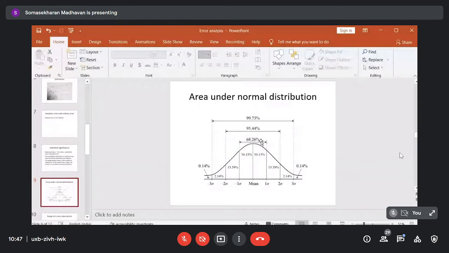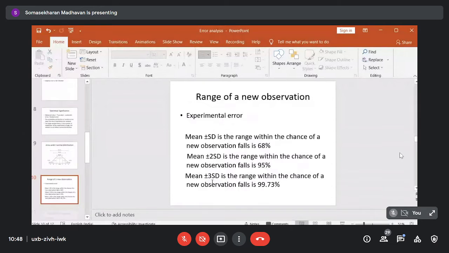And if there is systematic error, definitely it may not be a normal distribution. Even if the distribution is skewed and there is no systematic error, if you take a large number of measurements, beyond 30 or so, it will follow a normal distribution. It is an approximation.